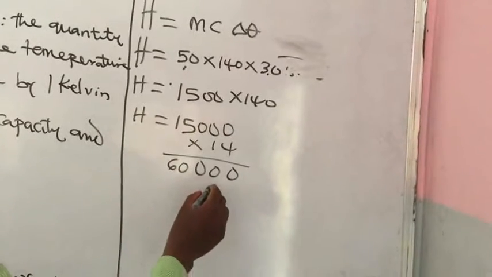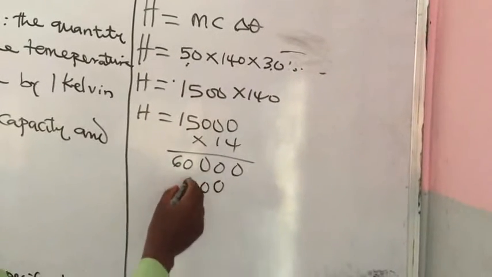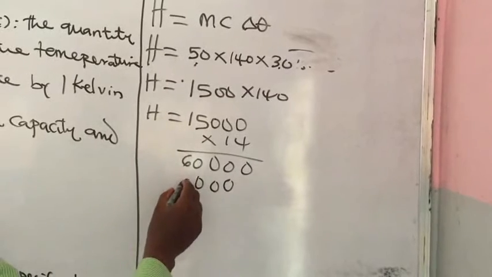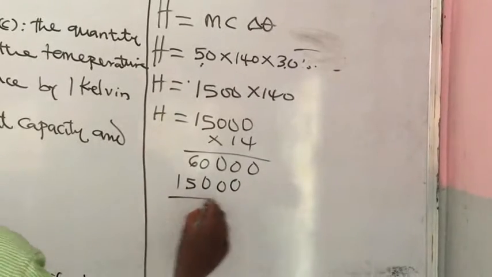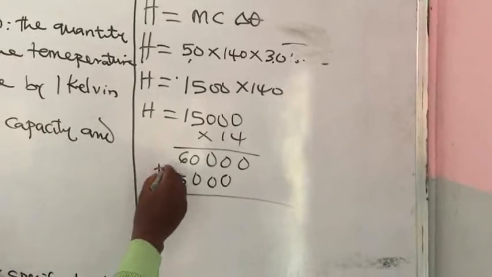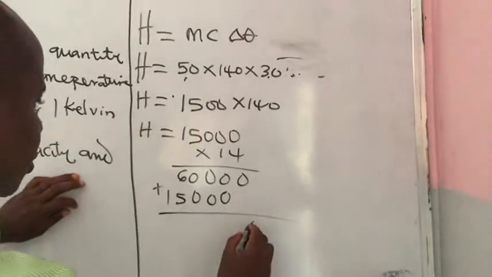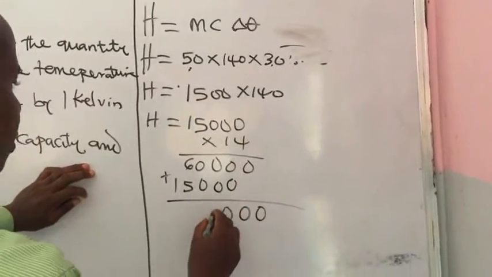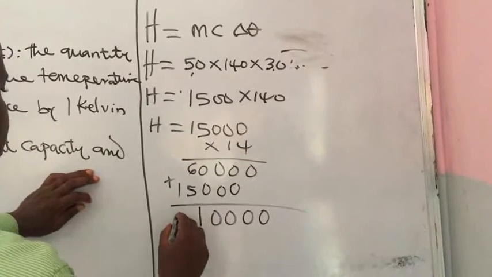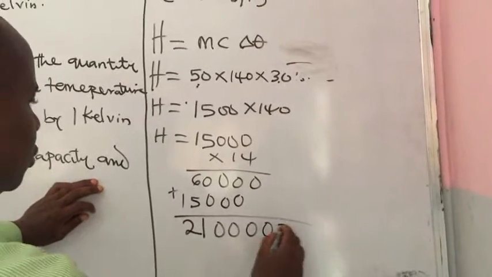Then 1 times 0 is 0. 1 times 0, 0. 1 times 0, 0. 1 times 5, 5. 1 times 1 is 1. Then you add up. So we have 0, 0, 0, 0, 1, 1, 2 joules.